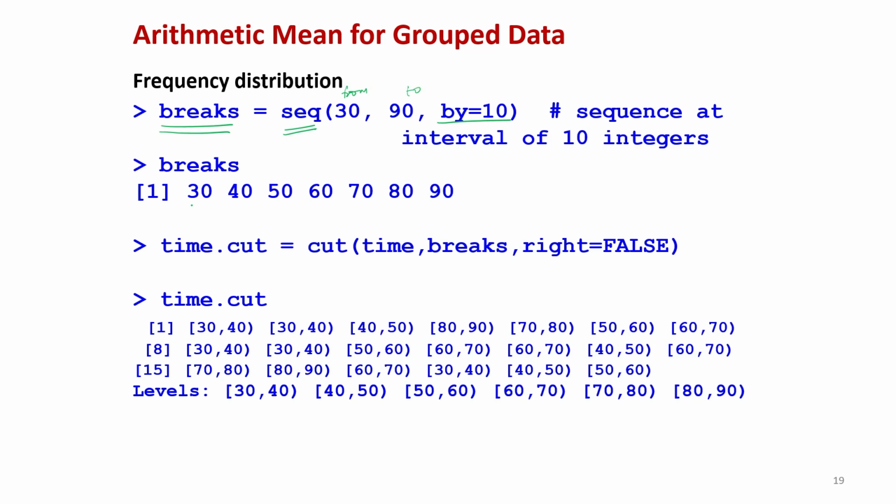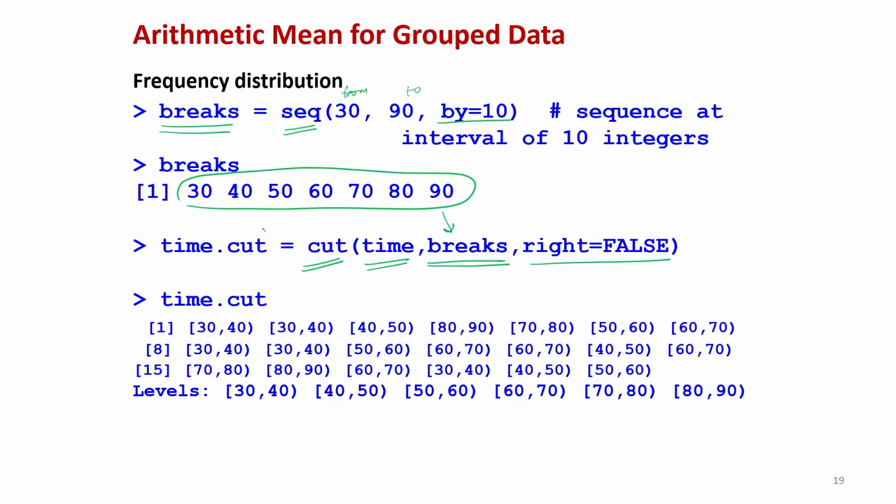So breaks will give me values 30, 40, 50, 60, 70, 80, 90. And now I have to use the command cut, just like earlier on this data set time. I want to break it using the intervals of width 10, which we have created by the option breaks. And then right equal to FALSE means the right bracket is going to be open.